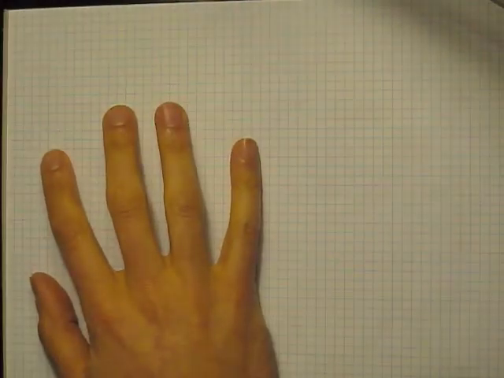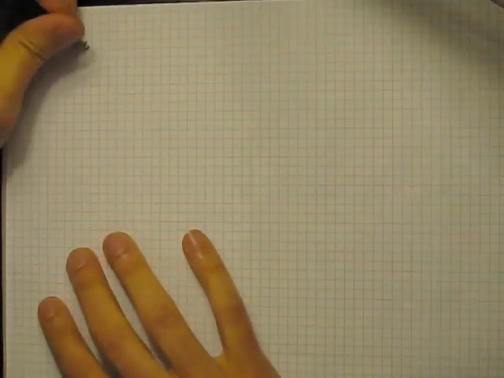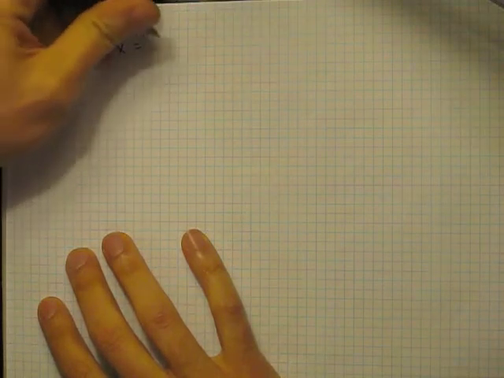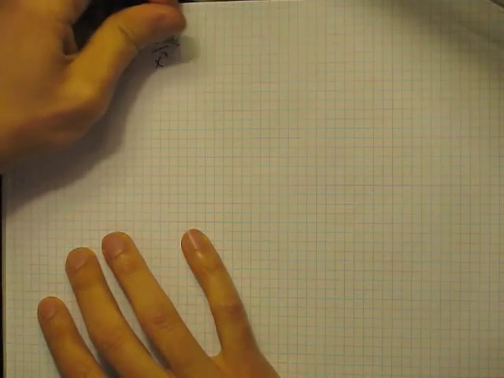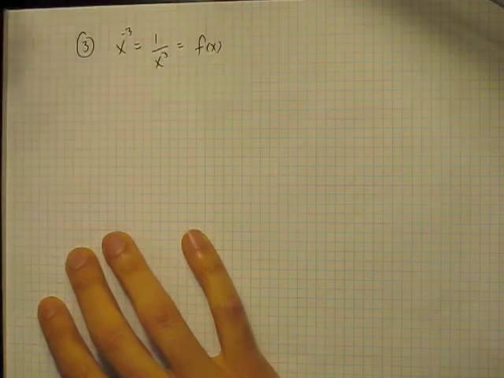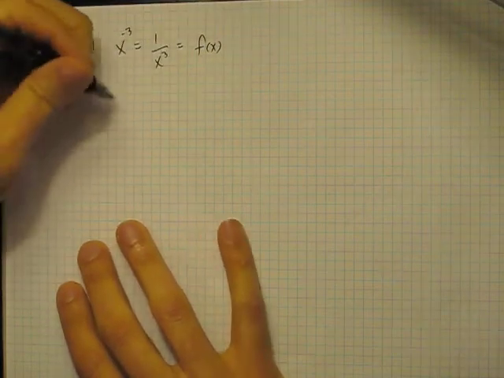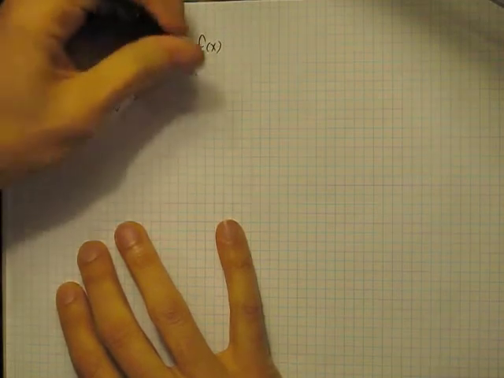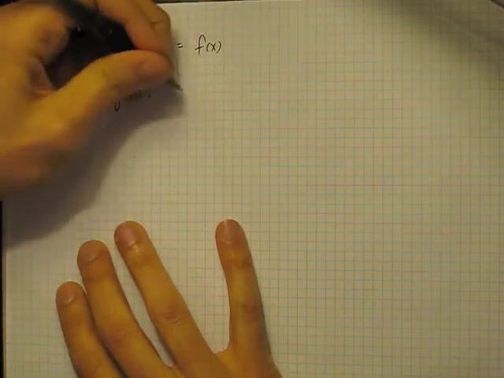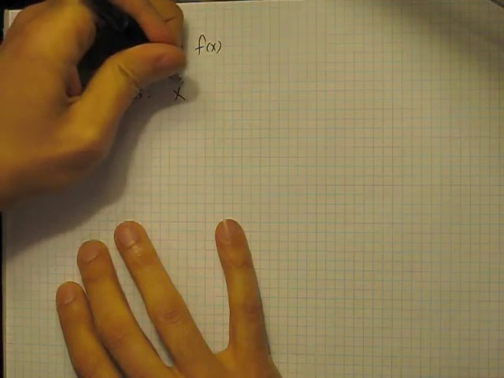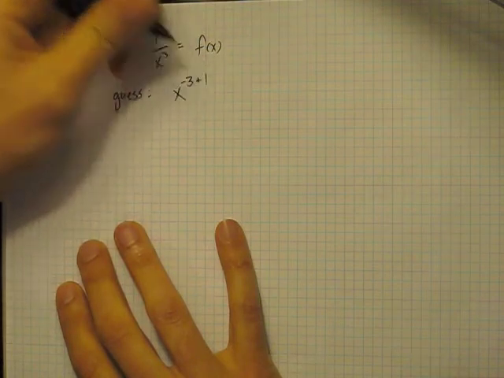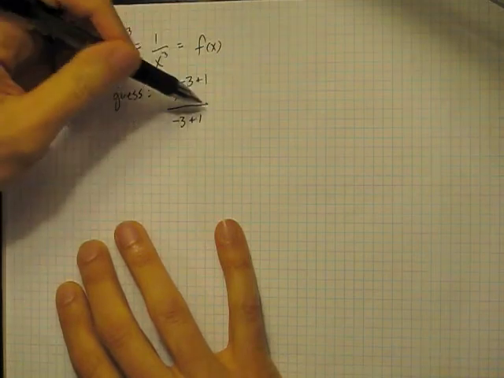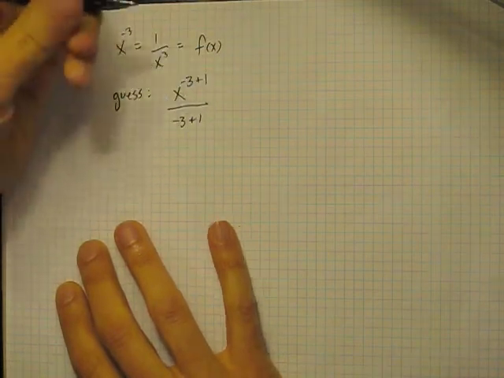What about a third example? How about x to the minus 3? So this is 1 over x cubed. This is our little f of x, okay? Same thing, right? The guess should be, well, we want to pick something where the power is increased by 1, and then divide by that power so that it will cancel when we take the derivative of this.